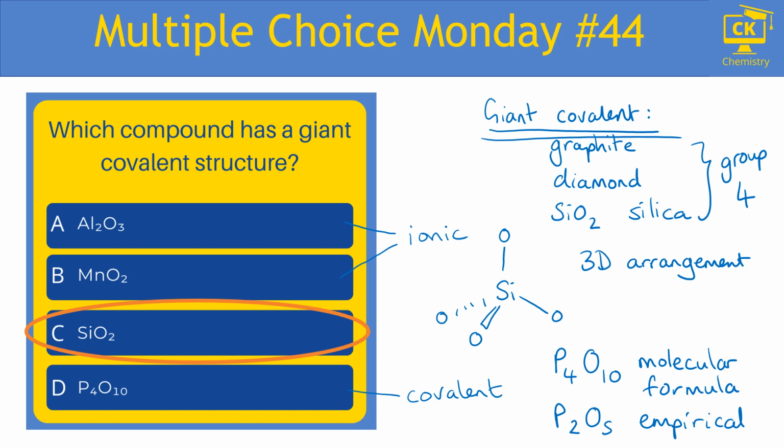All giant structures are represented by the simplest possible ratio of the atoms that are present in that structure. So if I see something that's not the simplest possible ratio, that is definitely not a giant structure. It is a molecule, because I'm telling you exactly how many atoms there are present in that molecule.